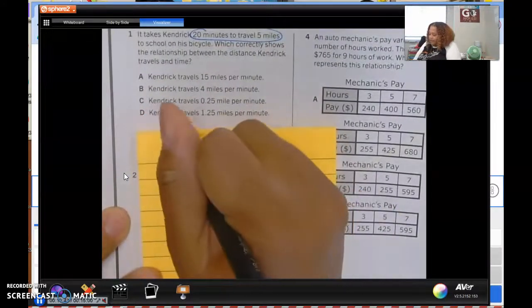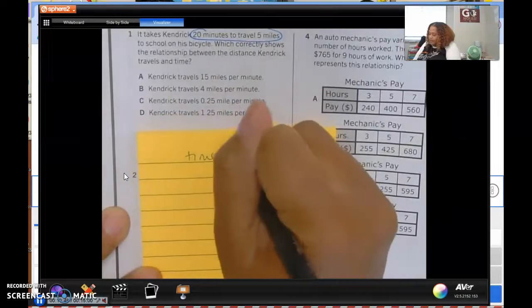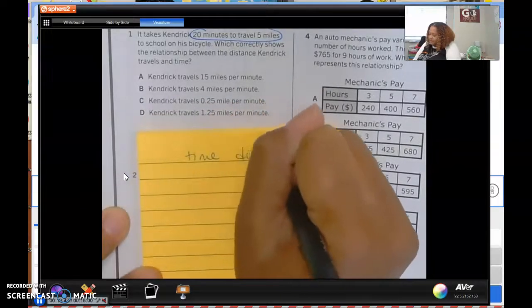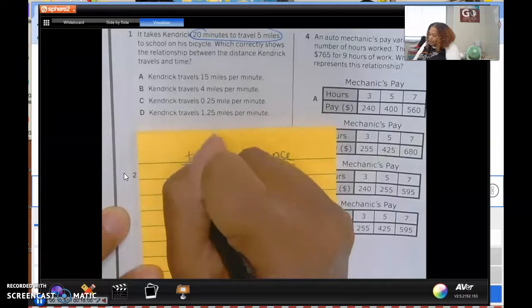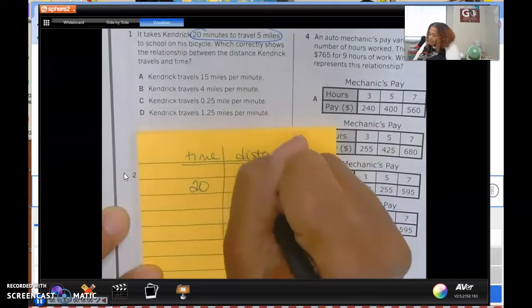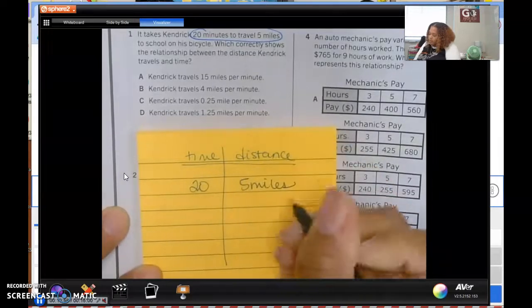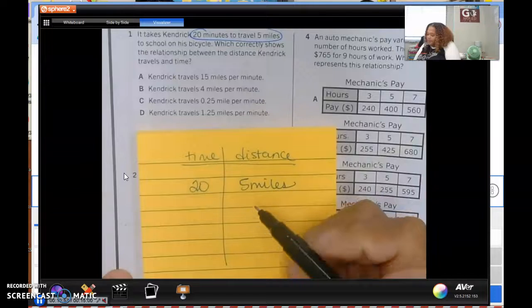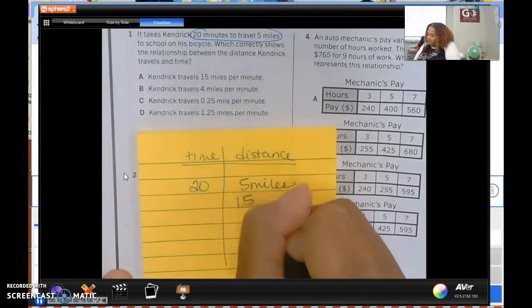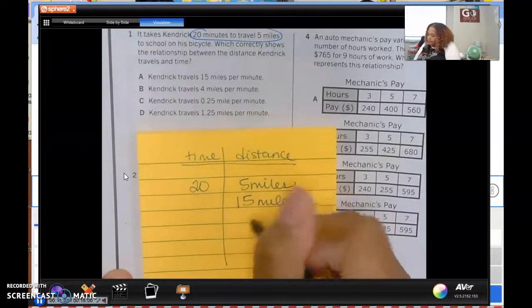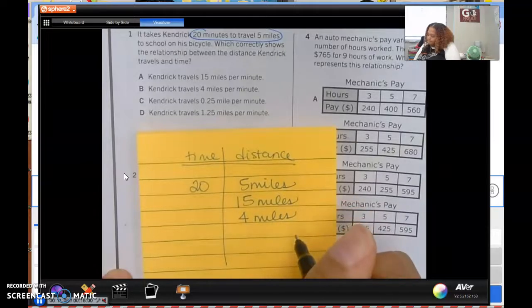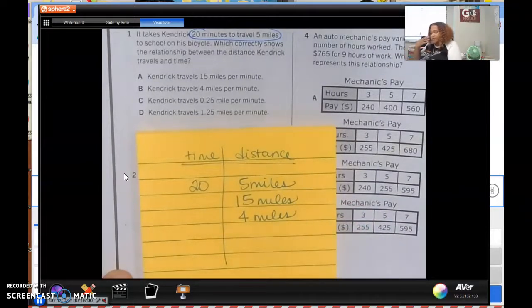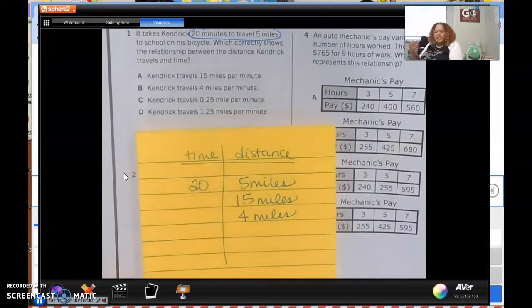Okay, so I've got time and I've got distance. 20 minutes is 5 miles. I need 15 miles. I need 4 miles. Oh, it just asked the rate per minute. This is quick and easy.